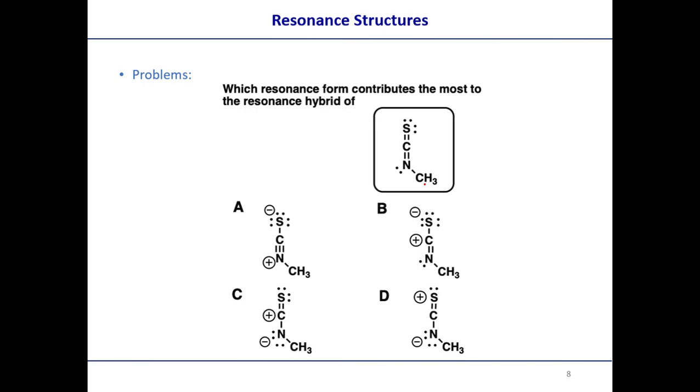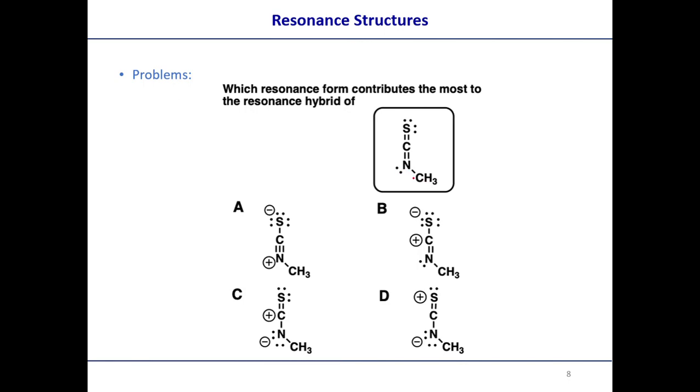Correct? Sorry, this lone pair is present here, so it can donate its lone pair. So valency is important, and electronegativity is also important. The most electronegative atom is nitrogen only.